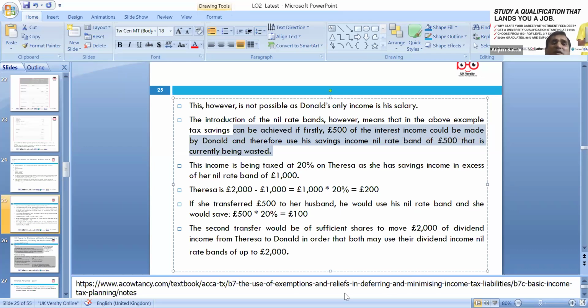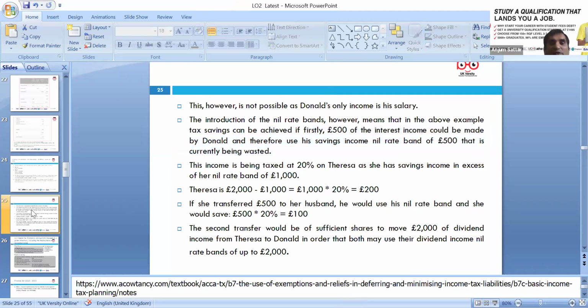Like if somebody has the marriage allowance of 1,260, then 20% of that can be saved for tax purposes. So those we can look at according to the current year. Okay, so that is the benefit in that case that we can advise to the client.